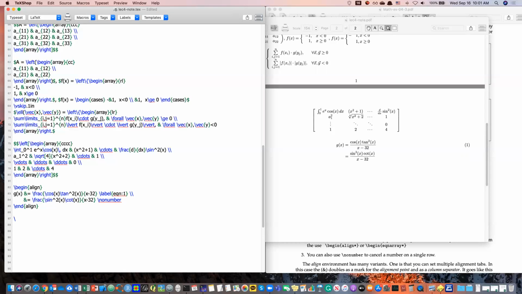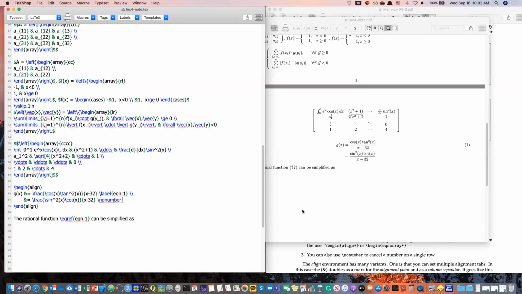So now, when you call this one, the rational function, the eqref EQN 1. Normally we use ref, but for equations we use eqref. This function can be simplified as something. Okay, so let's see.